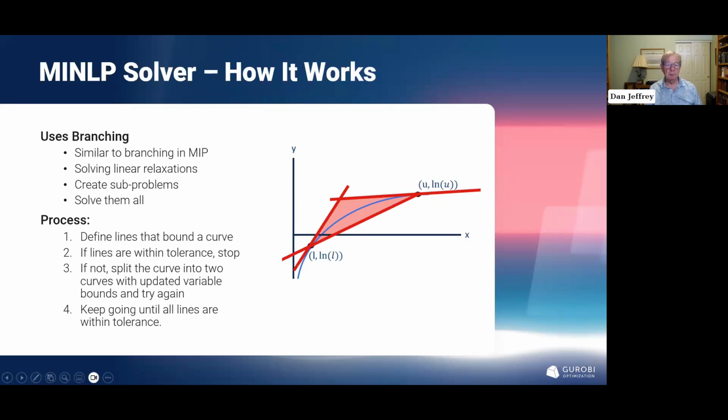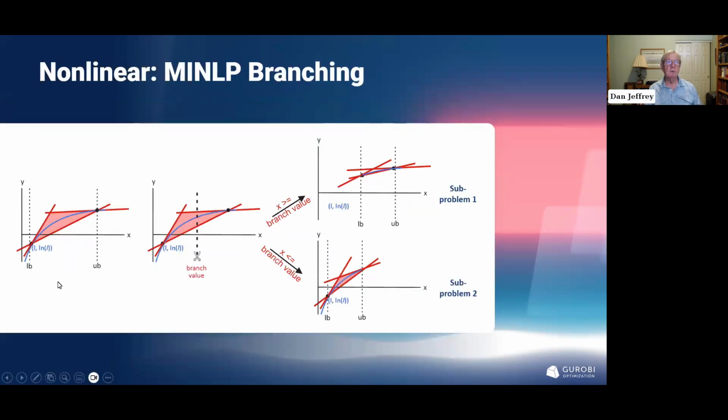So this way we're able to use linear relaxations. It's still called a linear relaxation, these red lines are. And we're just solving a linear problem once we're within tolerance. So let's look at the case where we split this because it's not tight enough. We've decided now we're going to branch, and we're branching on this value of x, whatever that happens to be. We'll call it the branch value.